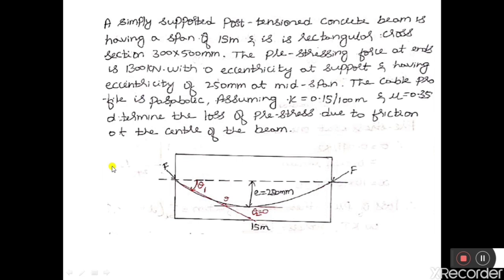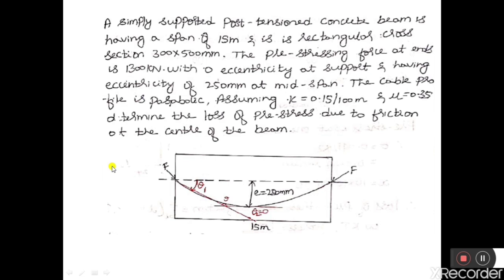The cable profile is parabolic, assuming K is equal to 0.15 per 100 meter and mu is equal to 0.35. Determine the loss of prestress due to friction at the center of the beam.